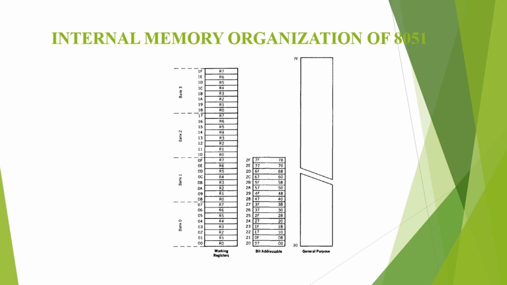We have the working registers, that is 4 banks, bank 0, bank 1, bank 2, bank 3, each having 8 registers. So a total of 32 registers from address 00H to 1FH. And then we have the bit addressable RAM from address 20H to 2FH. And then we have the general purpose RAM from 30H to 7FH.